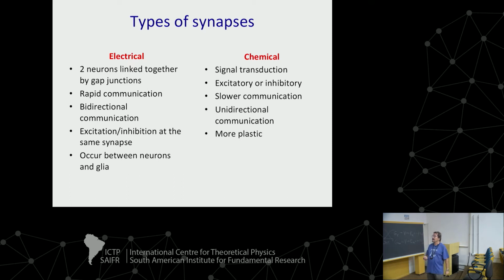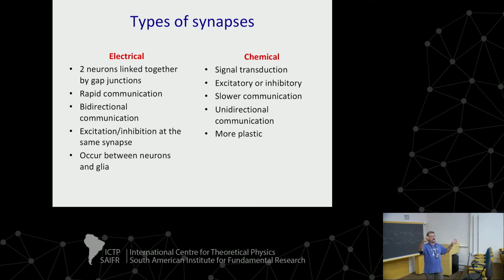Chemical synapses do signal transduction, which means that they transfer the input signal into a different output signal. They could be either excitatory or inhibitory, but not both at the same time. They are slower than gap junctions. They are unidirectional, so it goes only from, say, the presynaptic neuron to the postsynaptic neuron. If you have two cells, A and B, one of them should be the presynaptic one, and the other should be the postsynaptic.